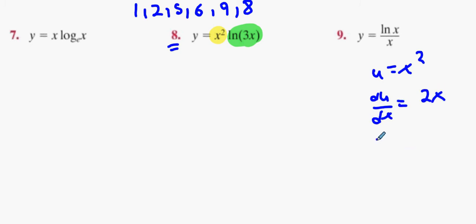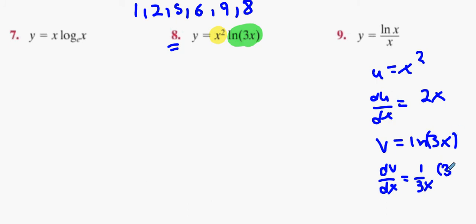Then you said v equals ln 3x. And then Oscar, what did you call dv/dx? Was it 1 over 3x? Differentiate the function part, which is 3, which is 3 over 3x, which is the same as 1 over x. Good.